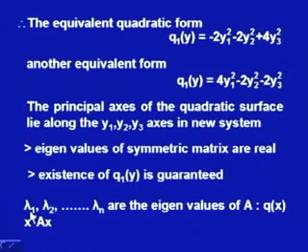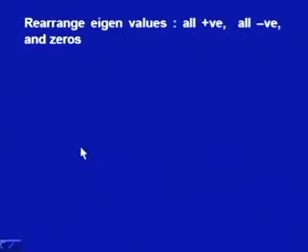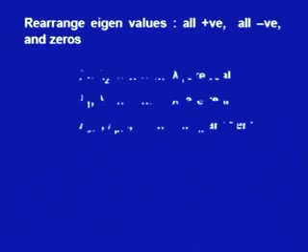So, if lambda 1, lambda 2, ..., lambda n are the eigenvalues of A, then Qx, which is given as x transpose Ax, can be transformed as follows. The real eigenvalues lambda 1, lambda 2, ..., lambda n are arranged so that all positive eigenvalues appear first, then all negative values, and finally the zero eigenvalues.